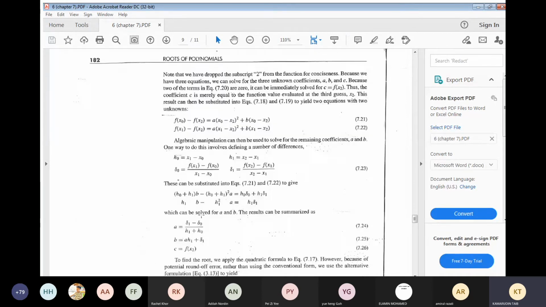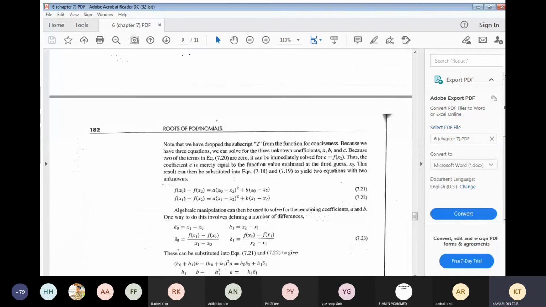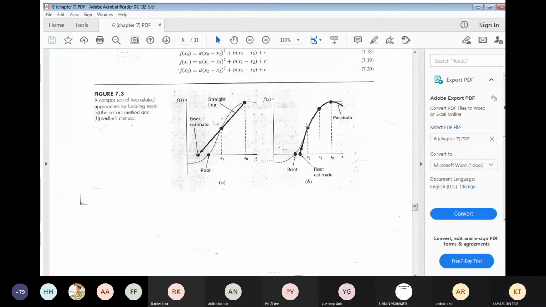In Mueller method, what you need to assume is first the h0, which is the step size, the difference, in computing the coefficients a and b. First, we need to have 3 initial points for the start, because in a parabola we have to have 3 points, 1, 2, 3, so that we can represent a parabolic curve.